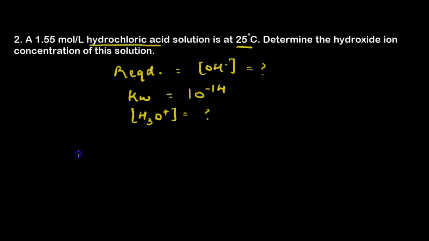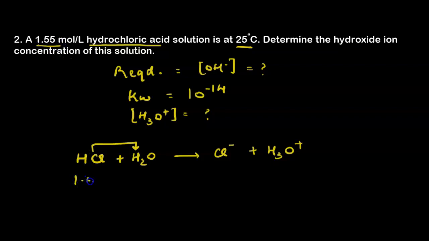We know hydrochloric acid is HCl, and HCl is a strong acid that when dissolved in water would give off hydrogen ion and itself becomes Cl negative, and the water is going to turn into hydronium ions. Now we are given the concentration of HCl, that is 1.55 moles per liter. We know from previous grade that when the stoichiometry is the same, so this is for 1 mole and this is for 1 mole, the concentration stays the same as well.